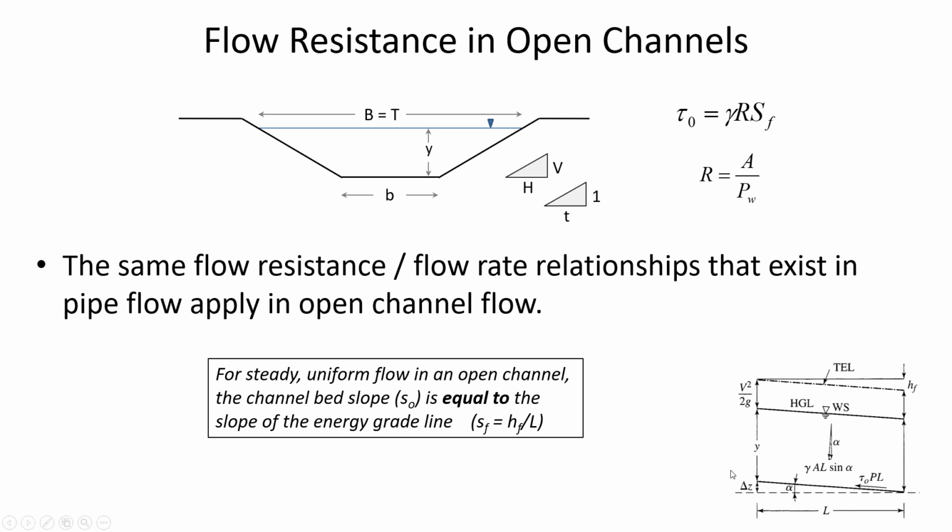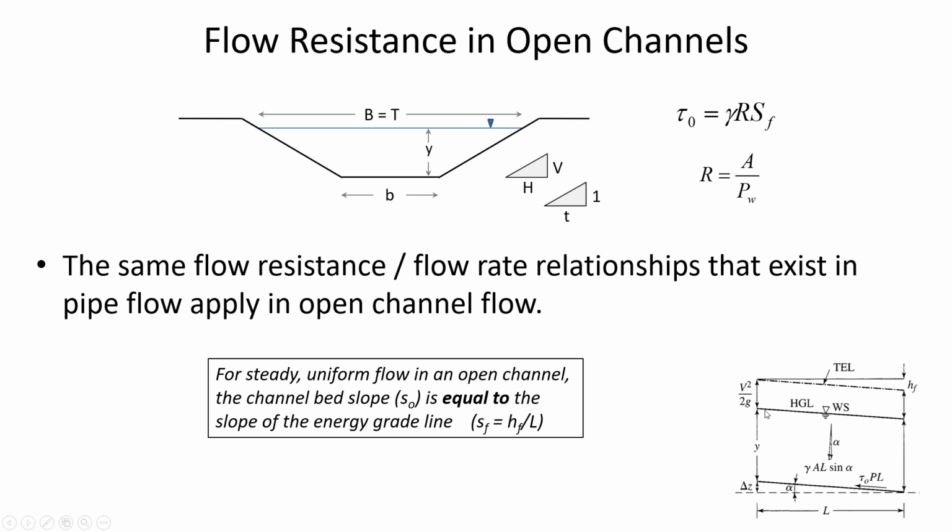The first slope is the slope of the bottom of the channel. If you see S naught, that's the channel bottom slope. It might be inclined, but the bottom of the channel is S naught.